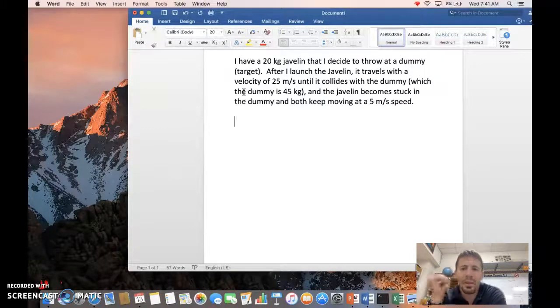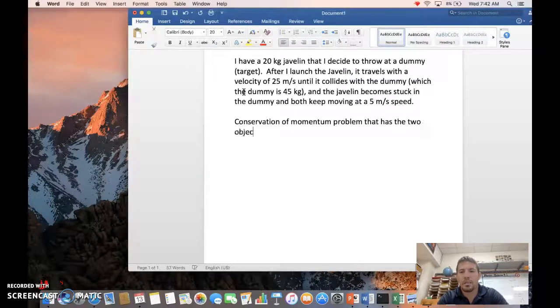So I've got my system, and I need to set it up a little bit. Number one, I need to recognize that this is a conservation of momentum problem, and specifically one that has the two objects sticking together at the end.